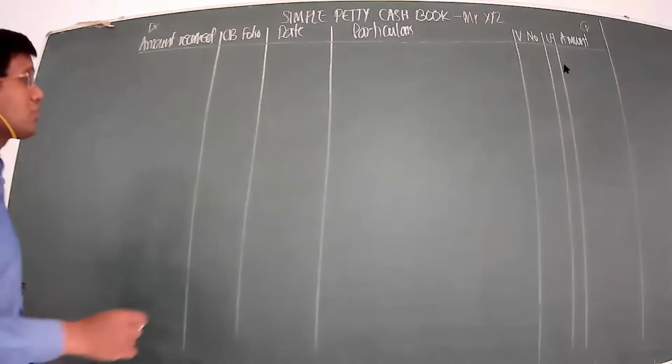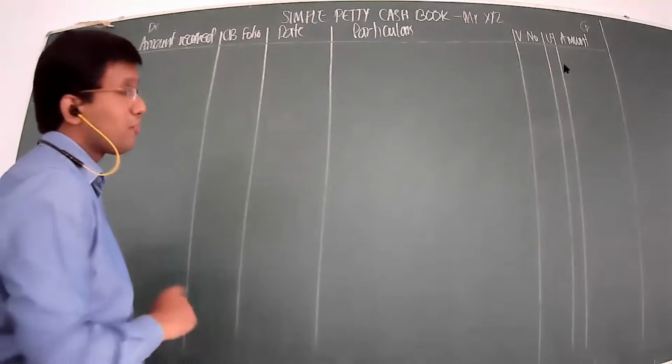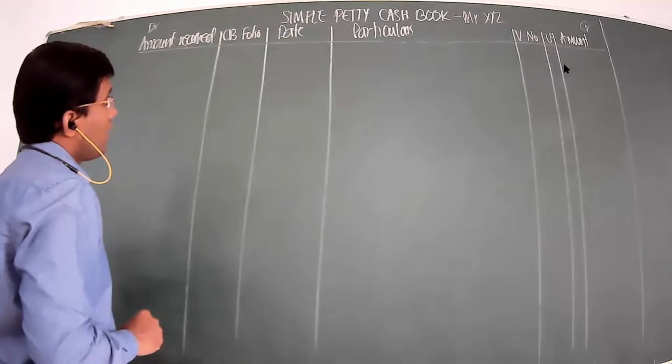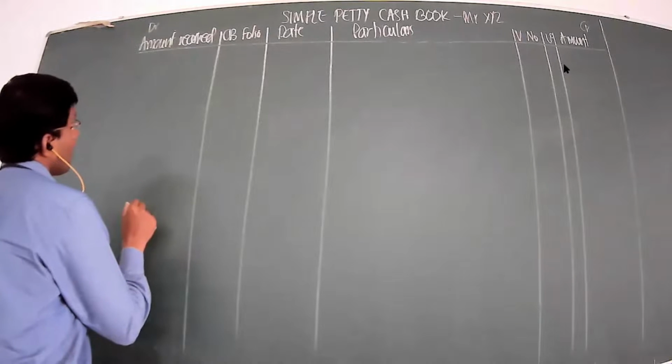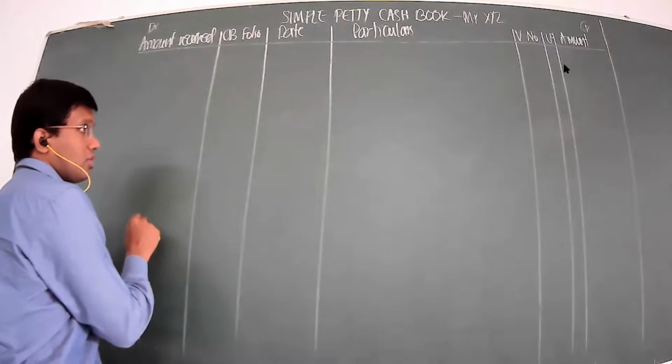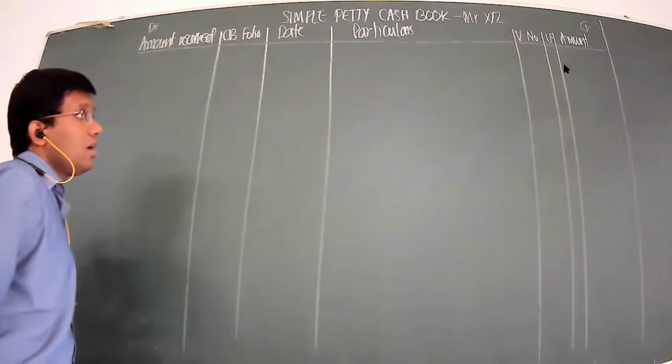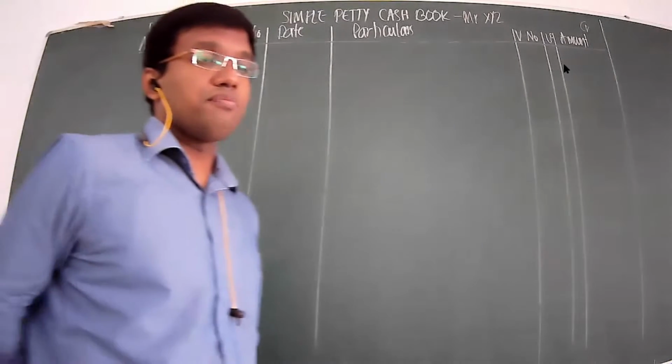So you will be using these 2 columns for recording the transactions for the debit side as well as for the credit side. Now here, let us start off preparing.